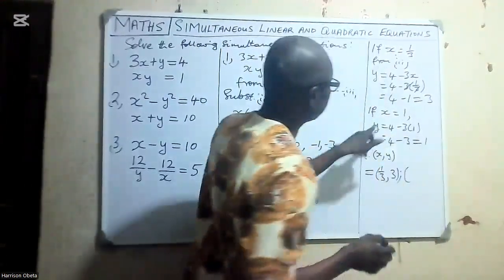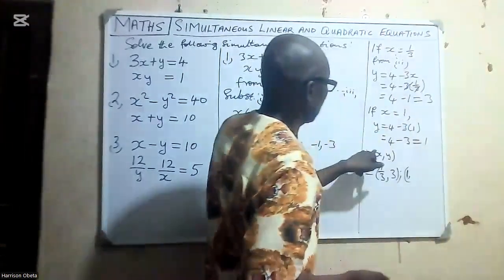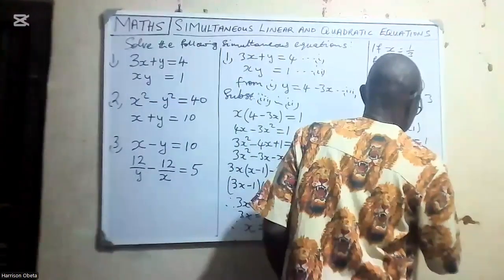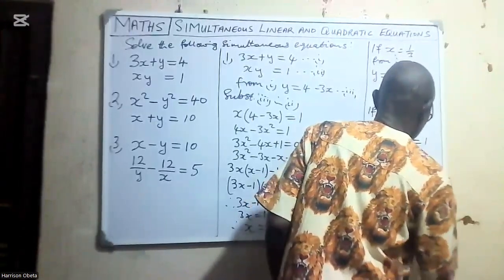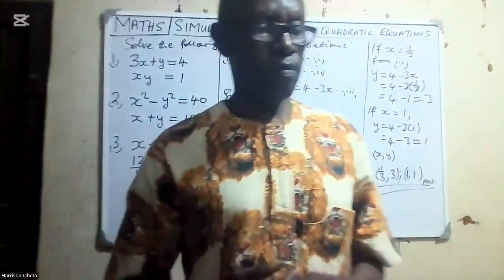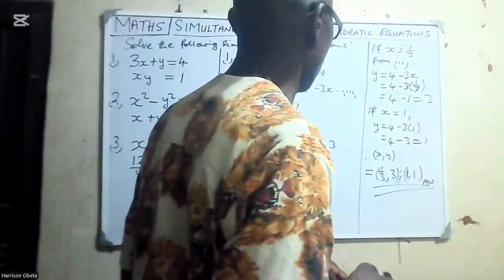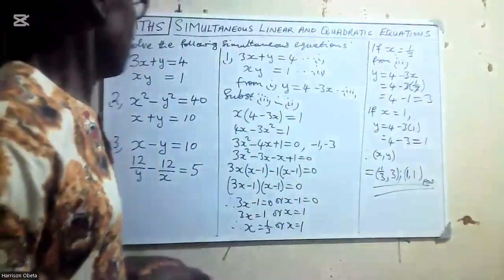And when x is 1, comma, y is also 1. So these are the values. And that's the answer to number 1. 1 over 3, 3, 1, 1. That's the answer to number 1.